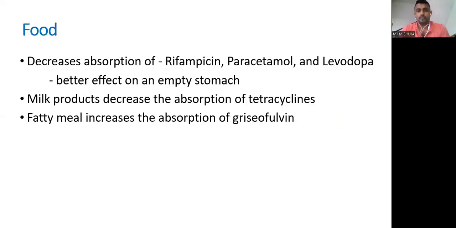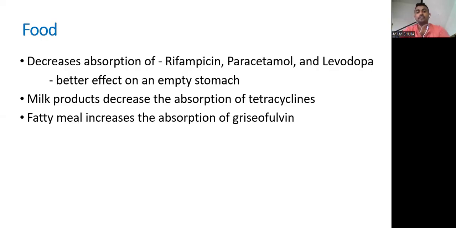And the food. Like rifampicin, paracetamol and levodopa, when you give those drugs with food, the absorption is low. That's why you ask to take them on an empty stomach. One addition to this is thyroxine. Thyroxine also we ask the patient to take in the morning on an empty stomach. Okay.